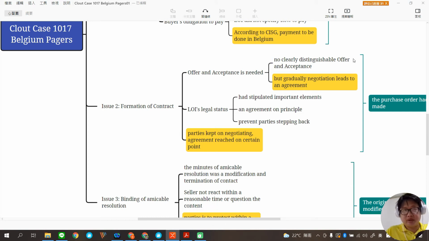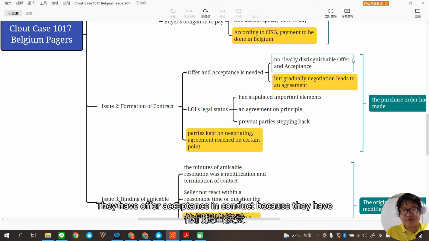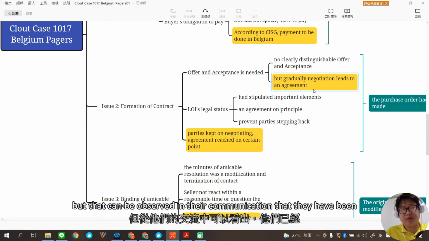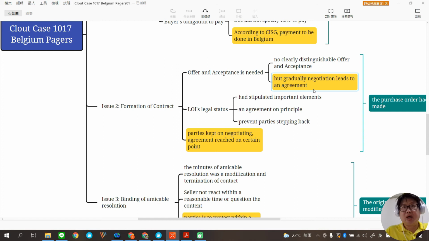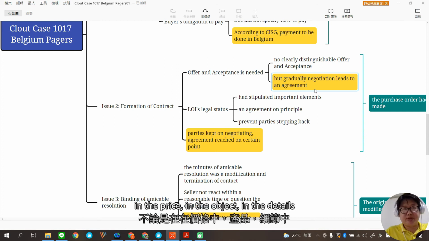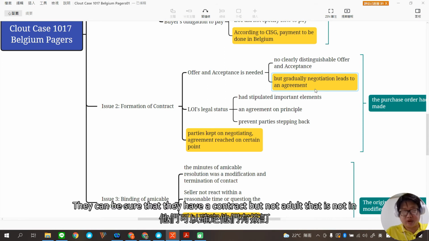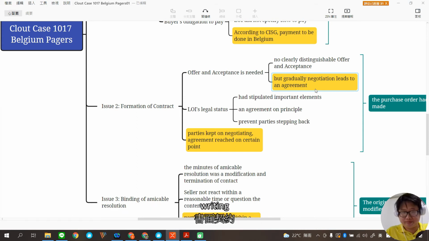And they have offer and acceptance in conduct, because they gradually negotiated and that led to an agreement, maybe not in writing, but it can be observed in their communication that they had agreed on the price, the objects, and the details. So we can be sure that they have a contract, although it is not in writing.